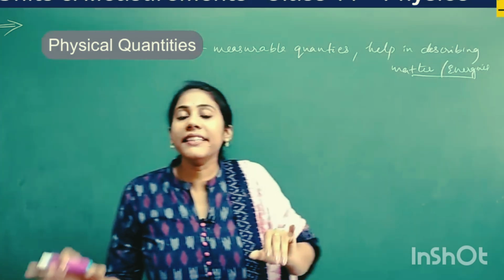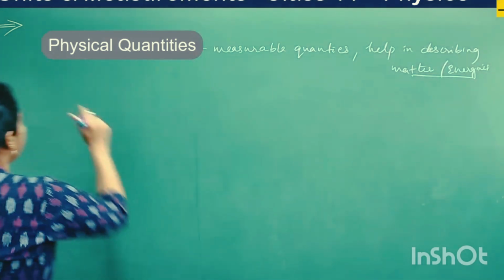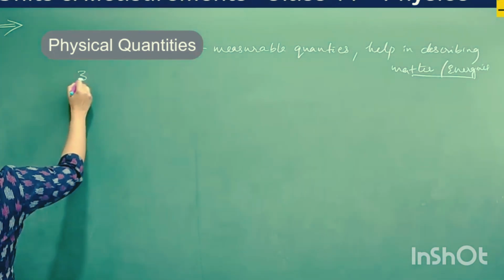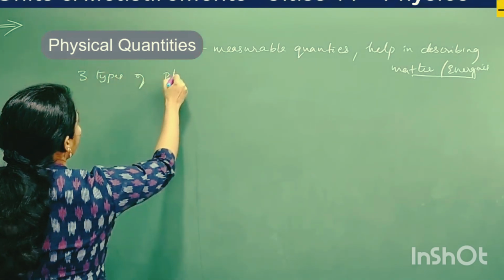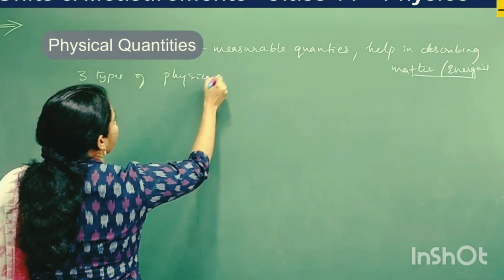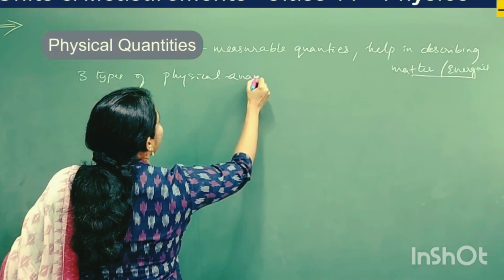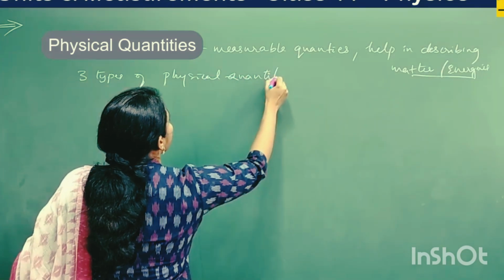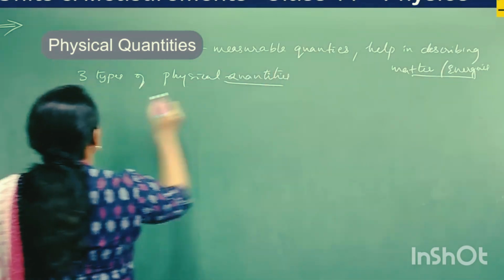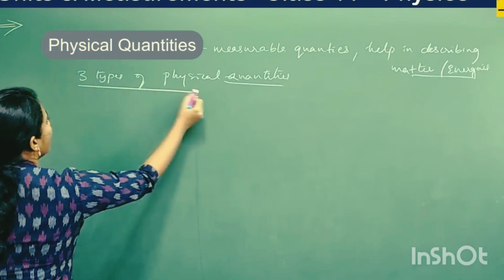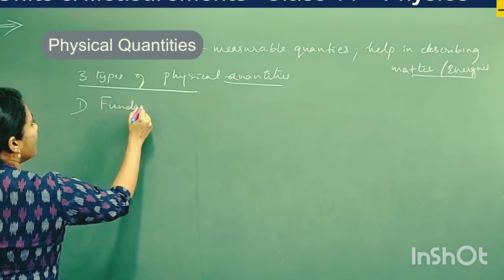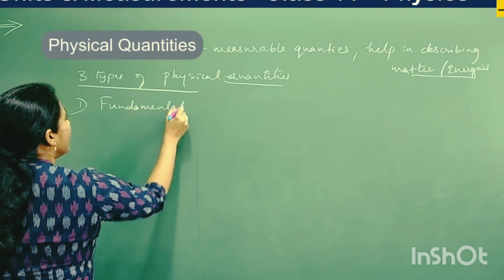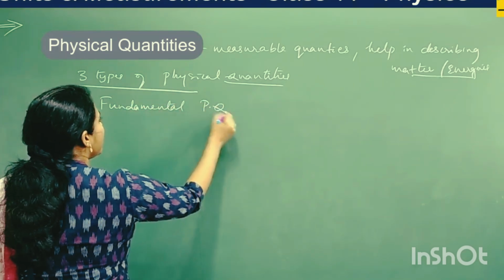Actually there are three types of physical quantities. What are they? The first one is fundamental physical quantity, I'll just write it as PQ.